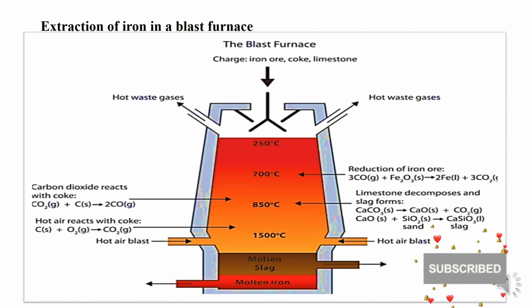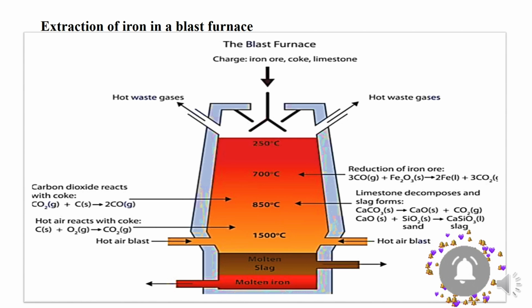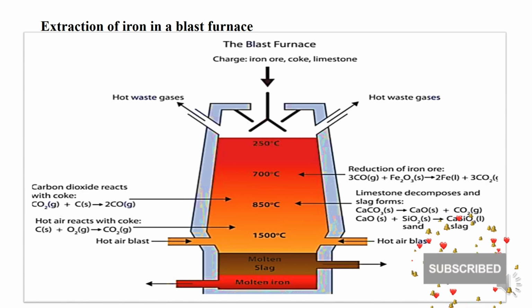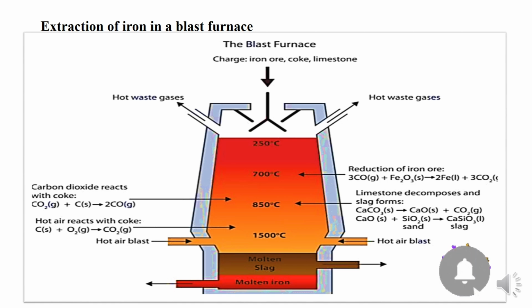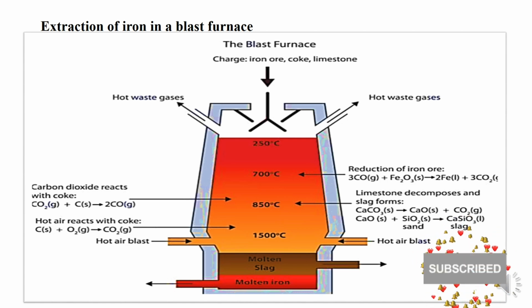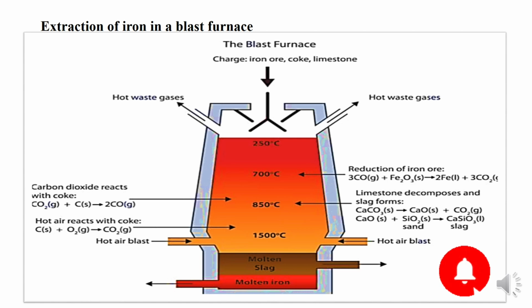This first reaction increases the temperature in the blast furnace. Then the carbon dioxide produced will react with more coke to form carbon monoxide. This other reaction produces the reducing agent, which is the carbon monoxide.